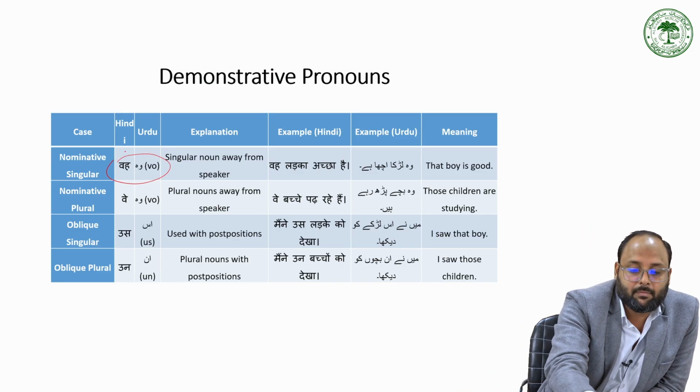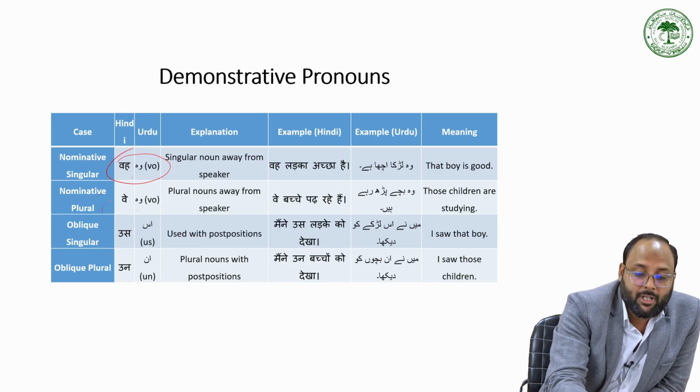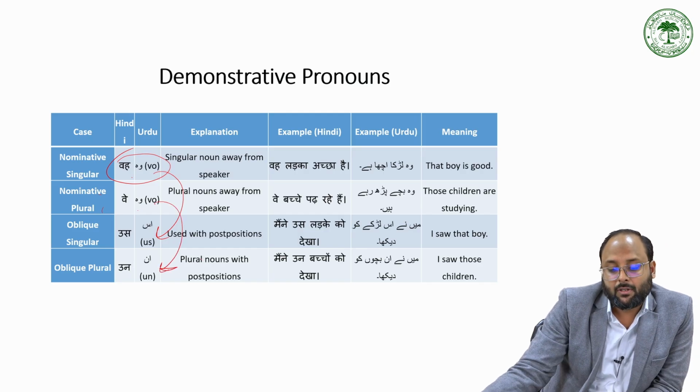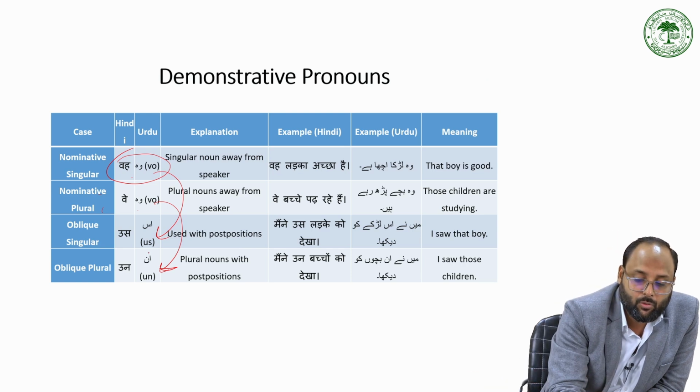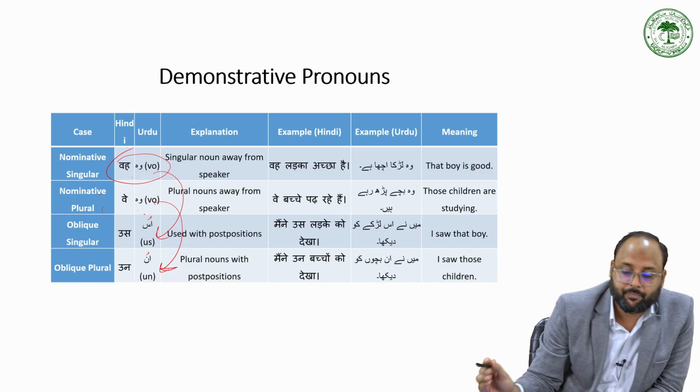Here we have some elaboration: for nominative singular we are using wo, for nominative plural we are using we, for oblique singular wo changes into us, for oblique plural wo changes into un. So that is un, us.